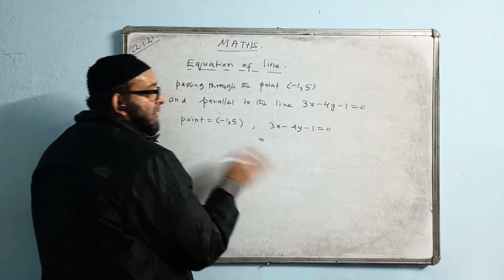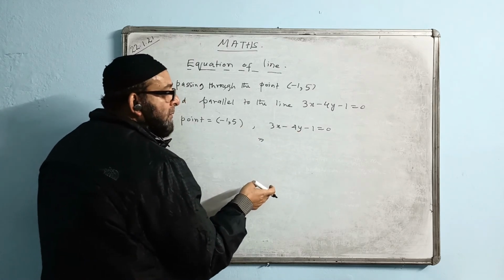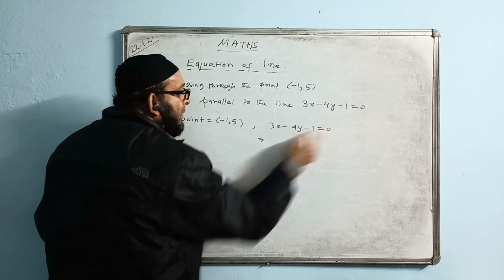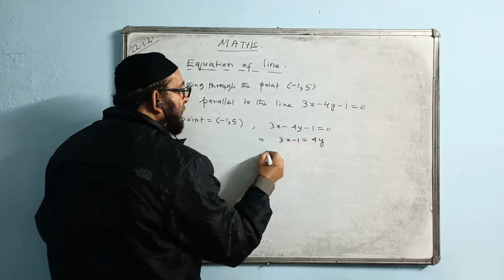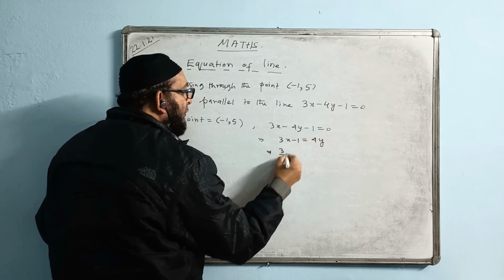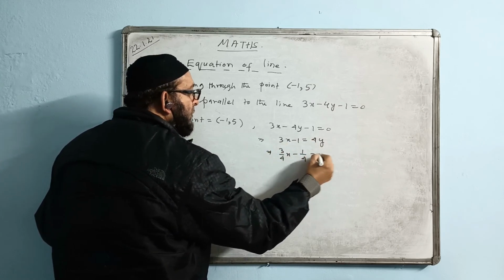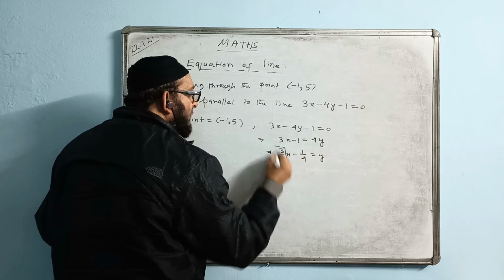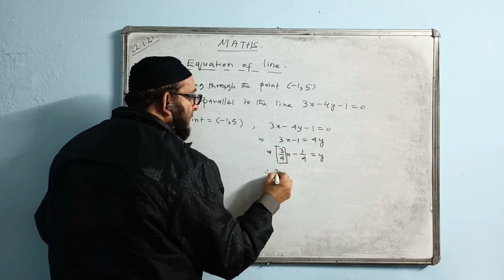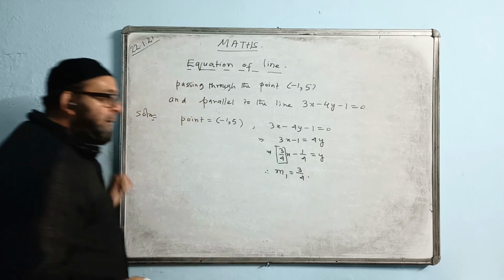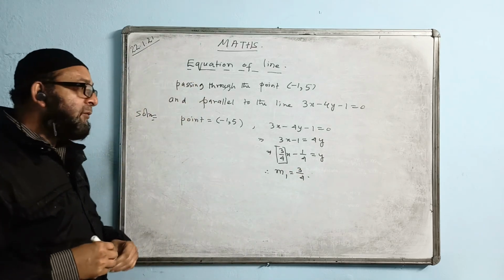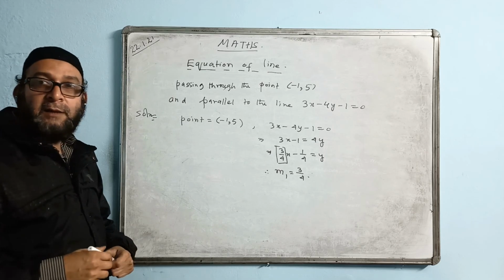Where to keep y, on the left side or the right side? Right side, so that it becomes positive. 3x minus 1 is equal to 4y. Now we divide by 4. We get 3 by 4 x minus 1 by 4 is equal to y. This is the value of the slope. Therefore, the slope of the given line is m1, and m1 value is 3 by 4.